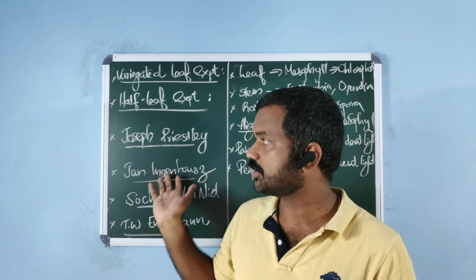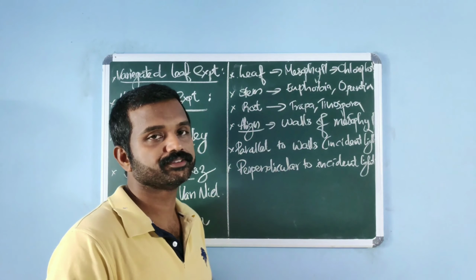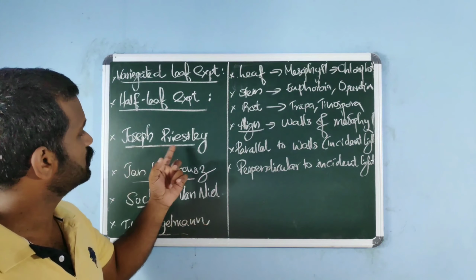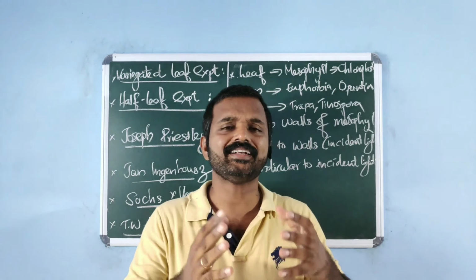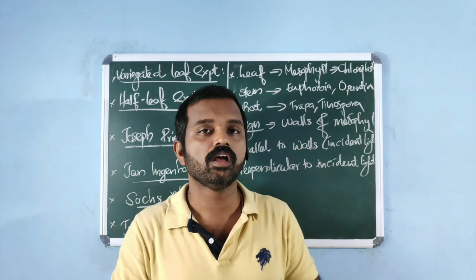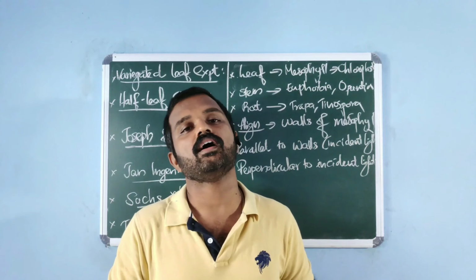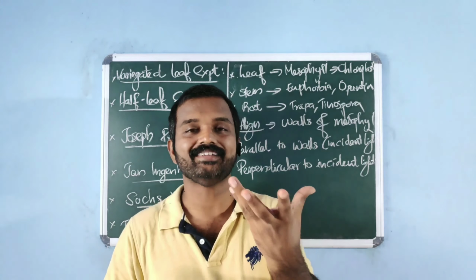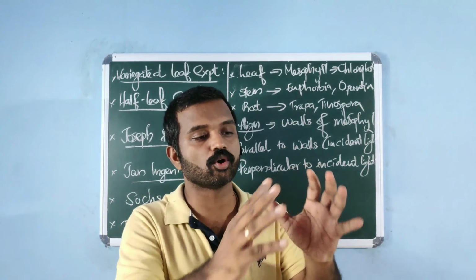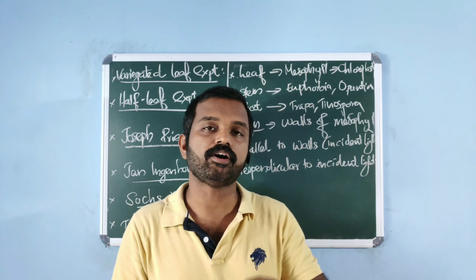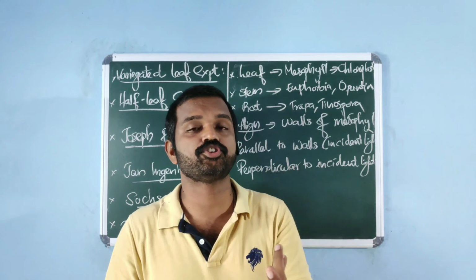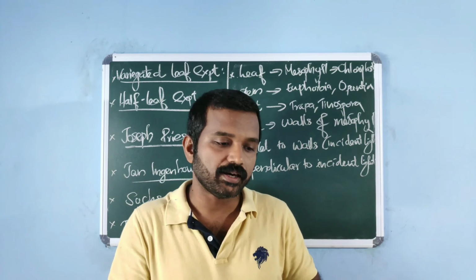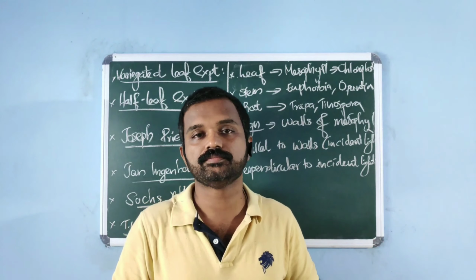Then let us see a few early experiments. First one, the contribution of Joseph Priestley. He conducted the bell jar experiment using both mice and a burning candle. He kept a burning candle in a closed space and found that after a few minutes the burning candle gets extinguished, and the mouse soon gets suffocated.